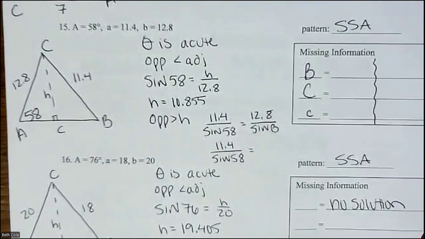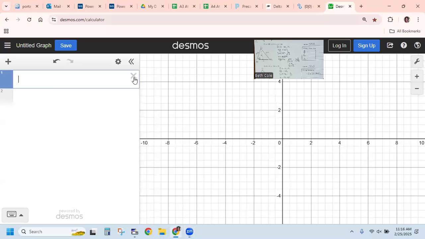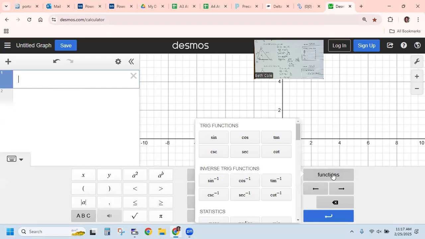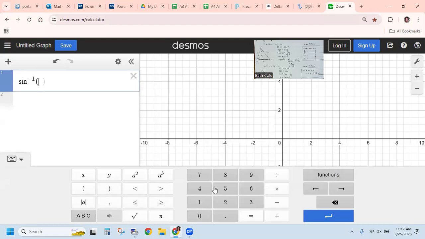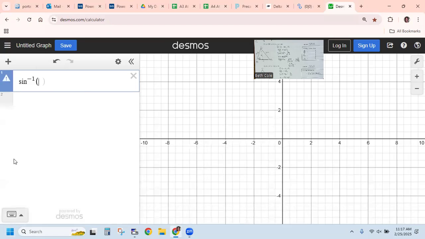So what am I going to type? Well, first, sine inverse, because you want an angle. And then, yes, we want 12.8 sine 58 divided by, what was it, 11.4?